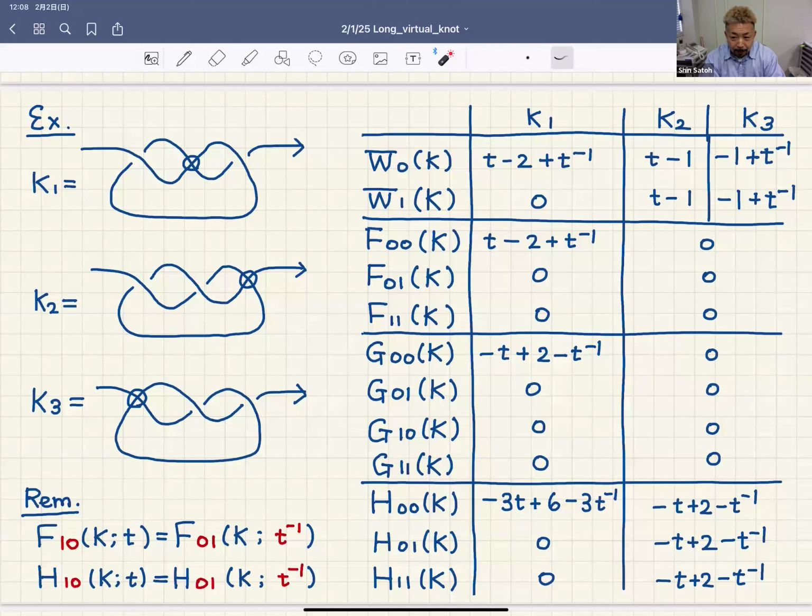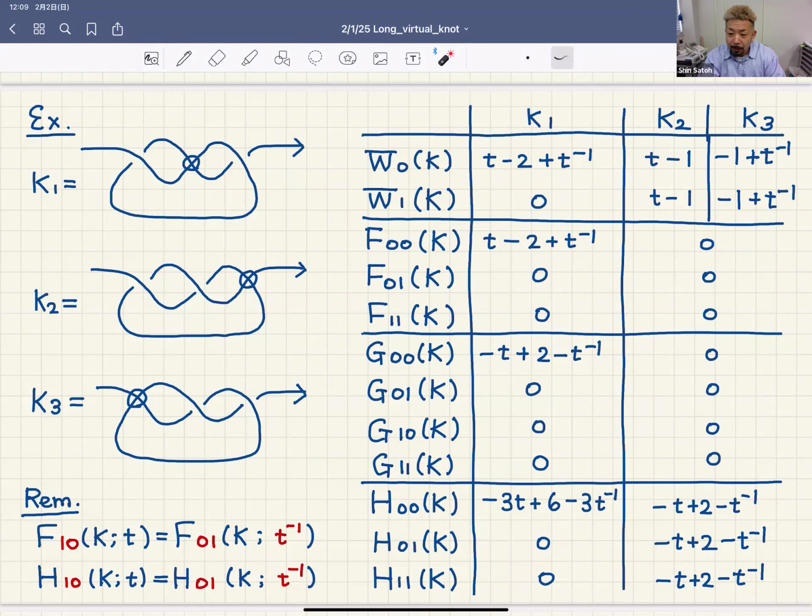We remark that the intersection polynomial F10 is obtained from F01 by replacing T with T inverse. Similarly, H10 is obtained from H01 by replacing T with T inverse.